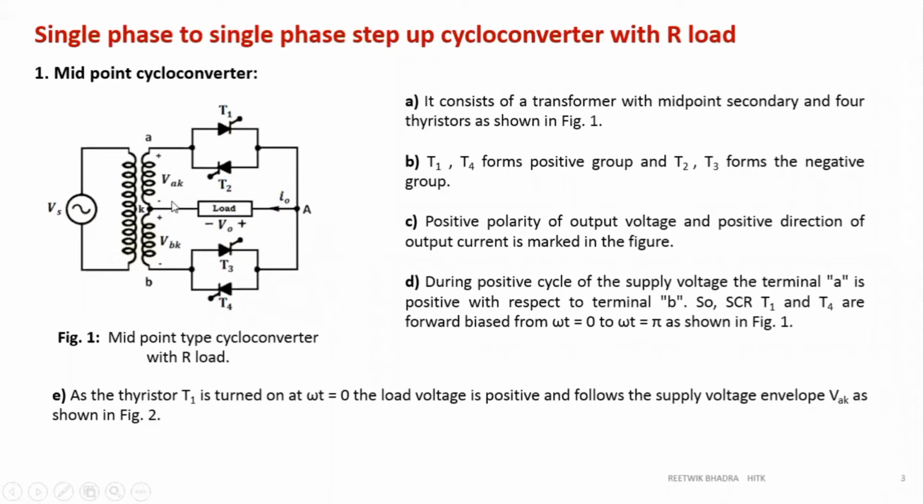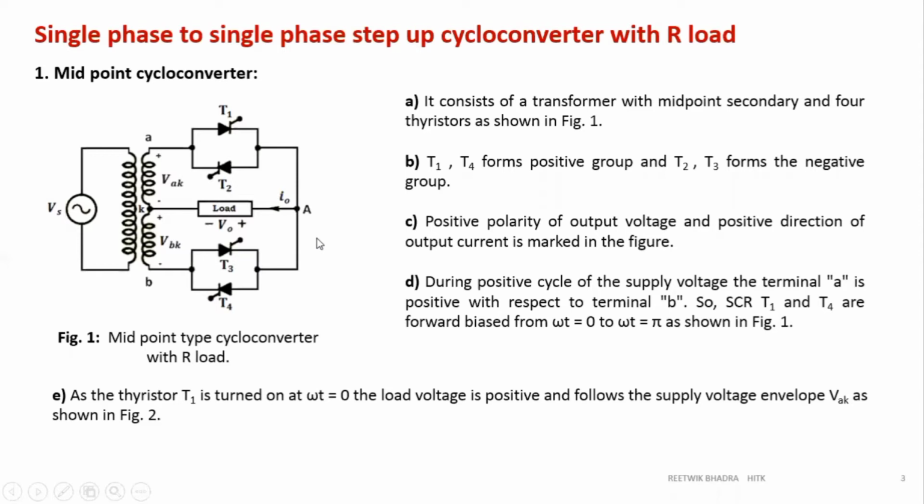And obviously, as we have taken in all other circuits, the current I0 should enter in this direction. If I0 enters in this direction, this will be positive, this will be negative. So this is basically your positive direction and positive polarity of your load current and output voltage respectively. If your I0 flows in the opposite direction and V0 polarity is opposite, then you should take the value as negative.